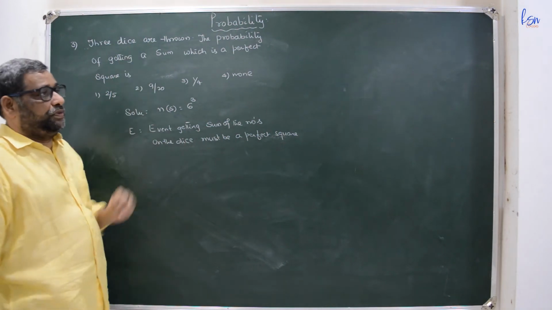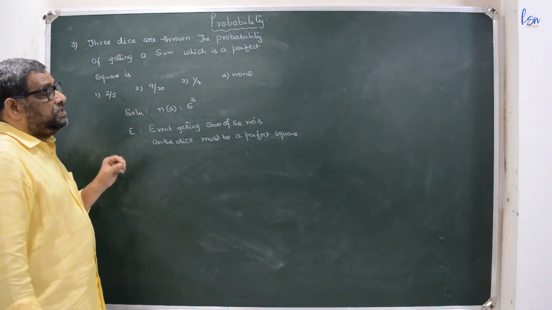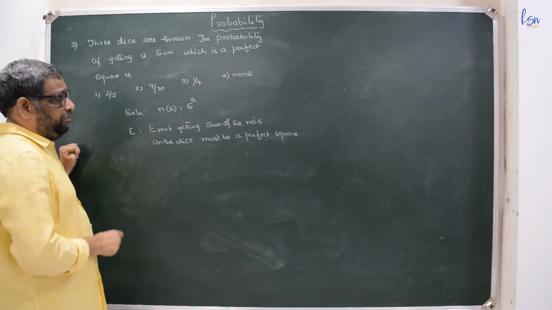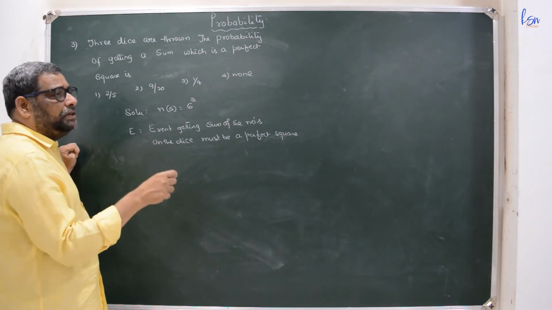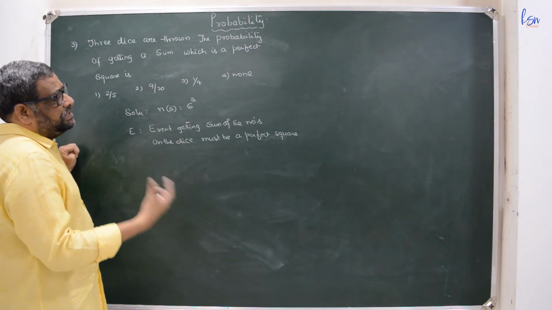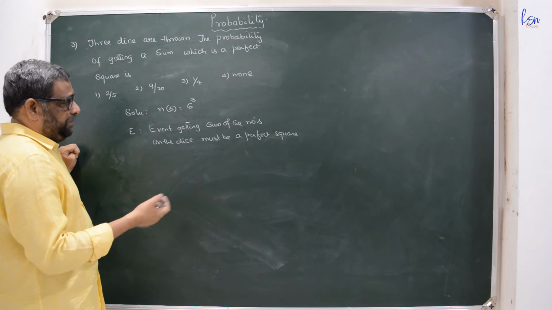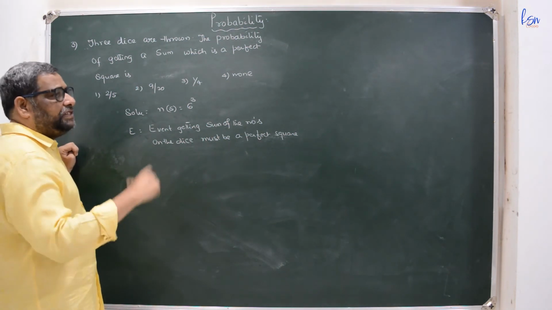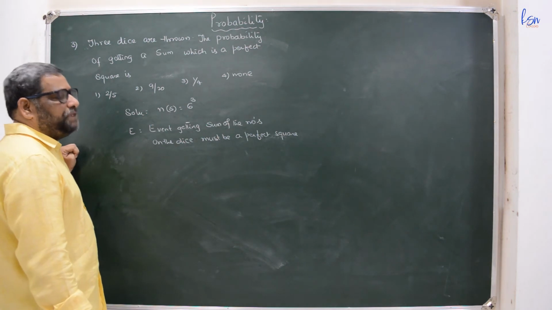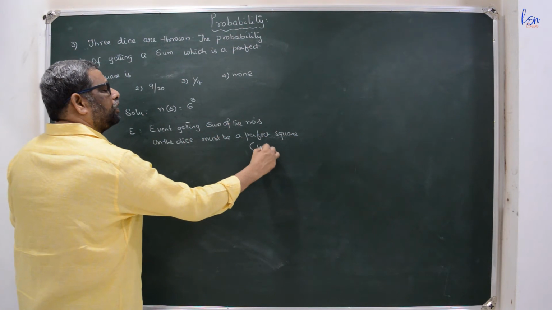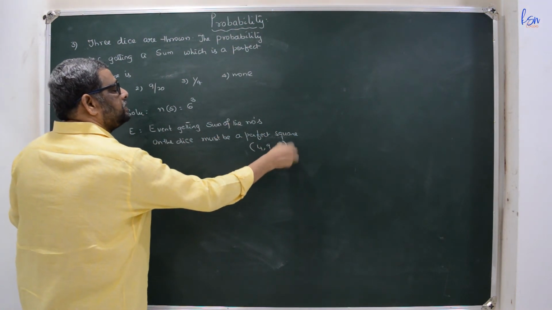Here 3 dice are thrown. The minimum sum is 3, because if each die shows 1, the sum of those three numbers is 3. Like that, the maximum sum is 18. Between 3 and 18, we must choose the perfect squares. So the perfect squares are 4, 9, 16.